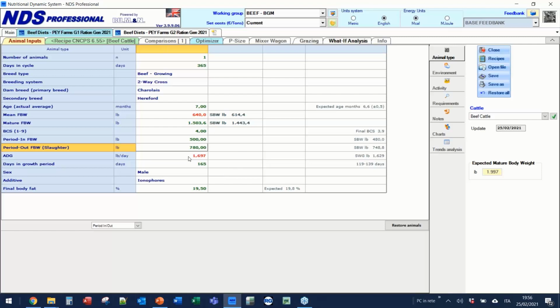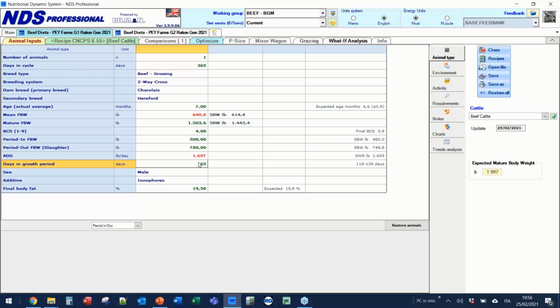In this case, we input this period in and period out body weight, and based on the days on feed, or the days in growth period, the system calculates for us both the expected average daily gain and the mean full body weight.